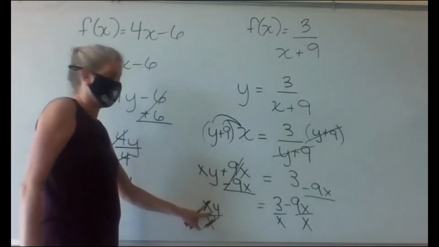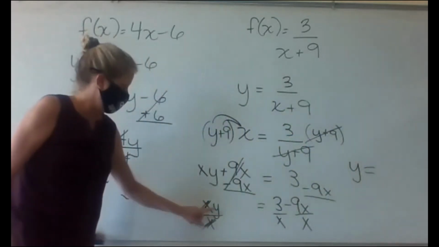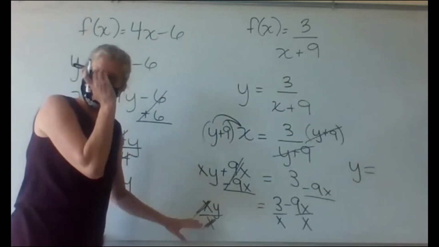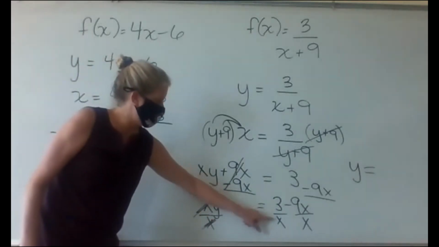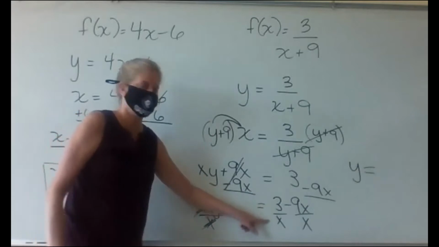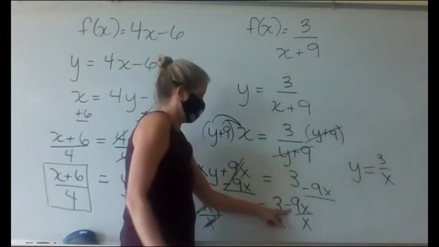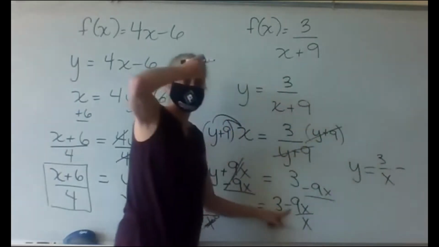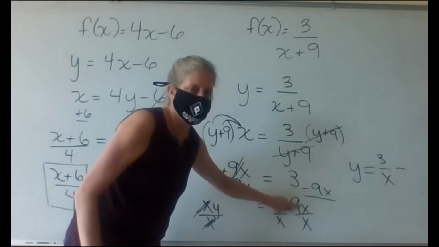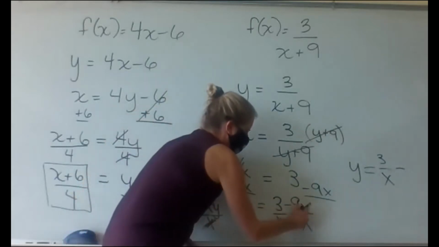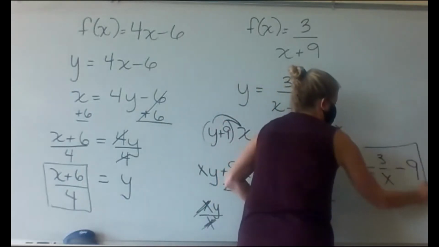On the left, I just have y. Now, once I simplify that right side, I'll be done, right? Because y is by itself. Can you simplify 3 over x in any way? No. Minus, look at this. You have 9x over x. Those x's will cancel, so you'll just be left with minus 9.